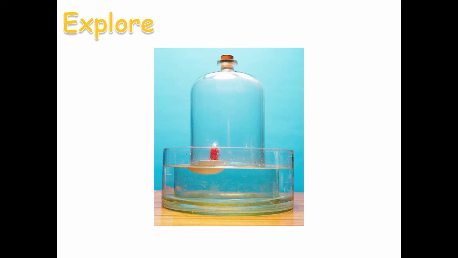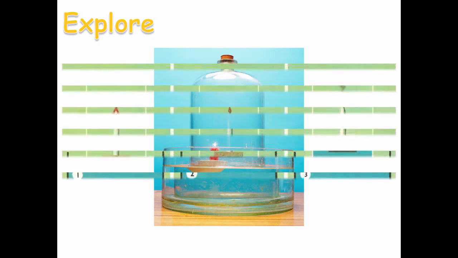Okay, welcome back. Well, you may have realised that the candle will go out and maybe be able to explain why, because the flame requires oxygen and the oxygen is used up. But were you able to predict what would happen to the level of the water and explain why?